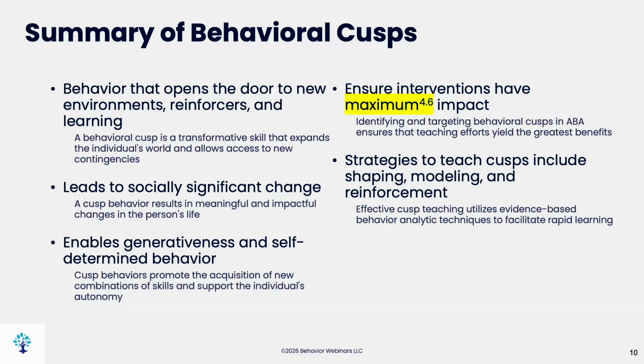It enables self-determined behavior. It promotes acquisition of new combinations of skills to support this individual's autonomy, and it ensures interventions have maximum impact. And then strategies to teach cusps might be shaping, modeling, or a differential reinforcement strategy, which is what we're going to learn next. Okay, thank you.